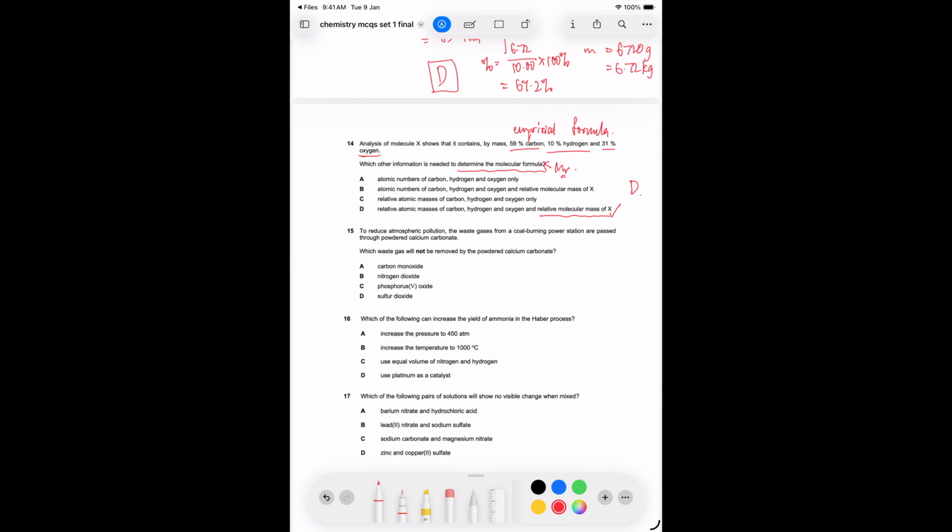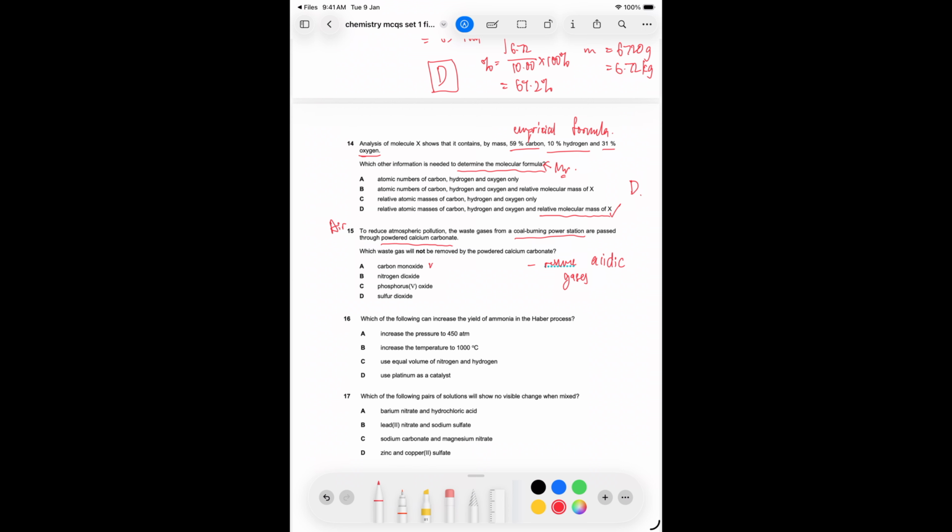To reduce atmospheric pollution, the waste gases from a coal burning power station, so this is under your air or atmosphere topic, pass through powdered calcium carbonate. So this is your flue gas desulfurization. Still remember this one, you're supposed to remove acidic gases, any acidic gases like non-metal gases.